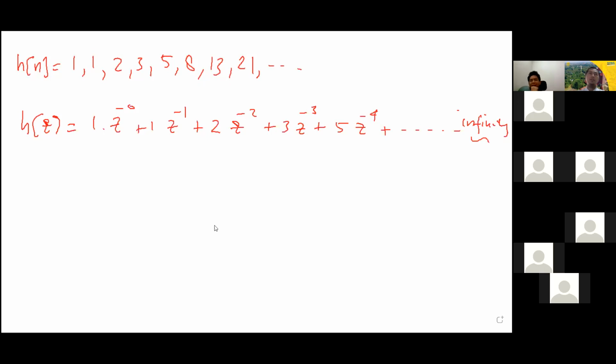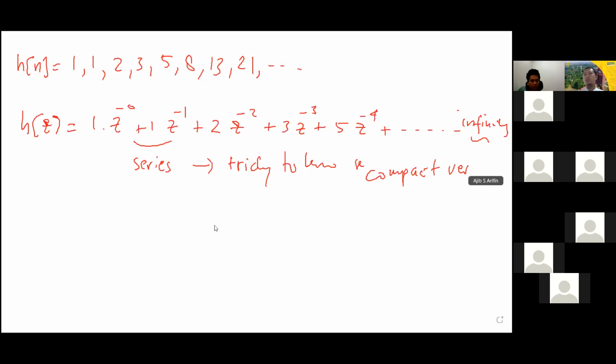And then this is another way to represent it, like a series, and sometimes it is tricky to know the compact version.